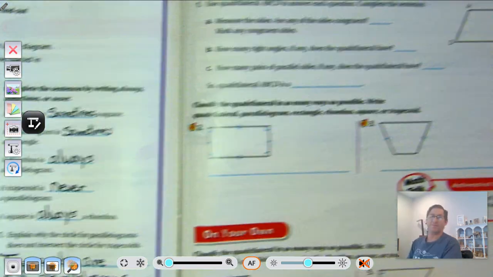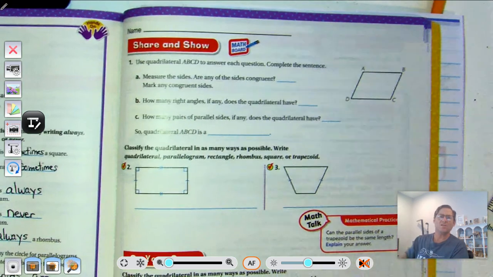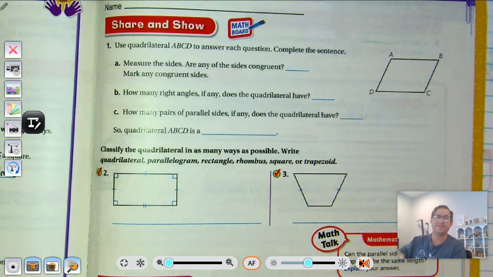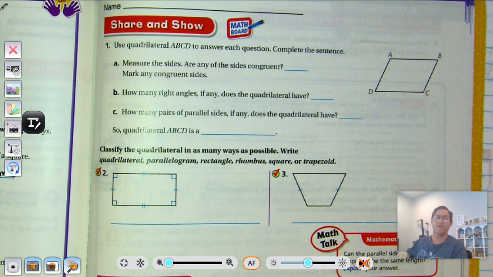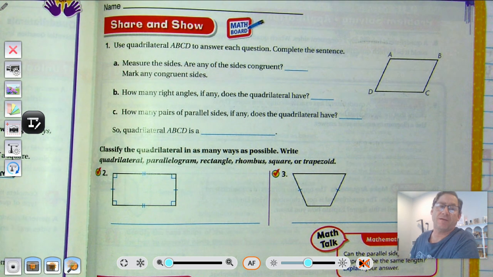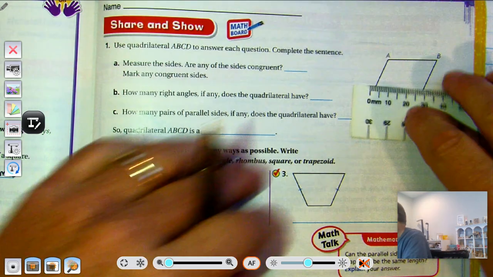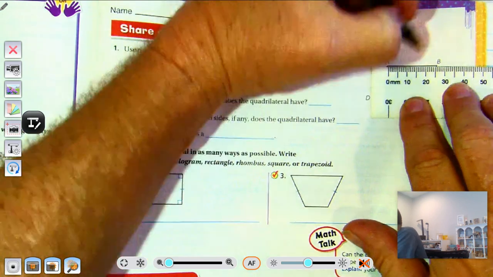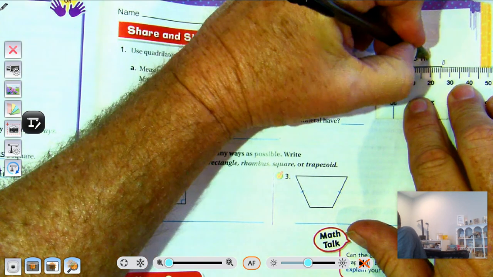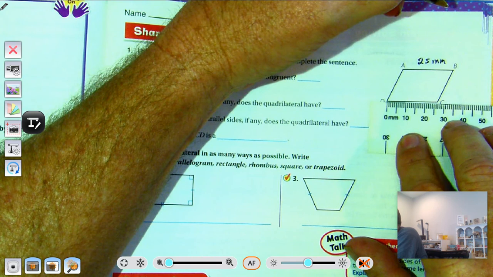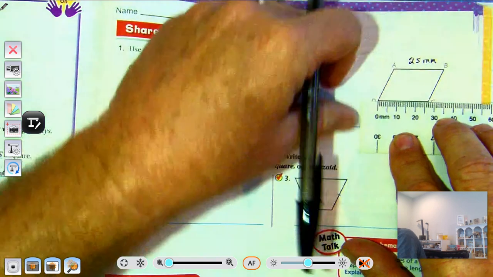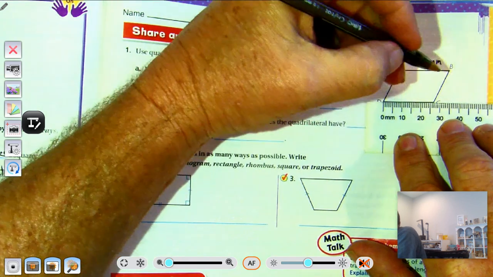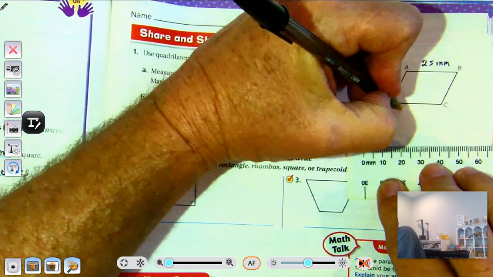All right, let's look at 475. So use quadrilateral A, B, C, D to answer each question. Complete the sentence. Measure the sides. All right. Are any of the sides congruent? And mark any congruent sides. So side AB is 25 millimeters. Side DC is 27 millimeters.